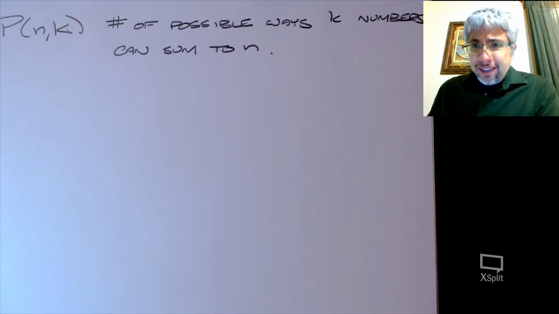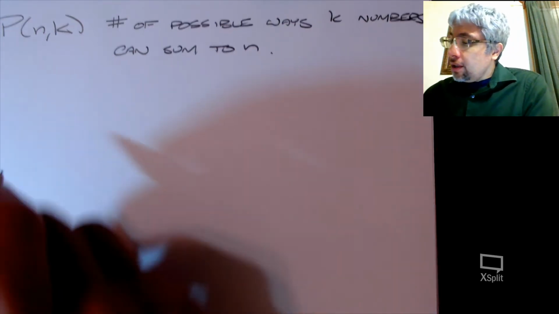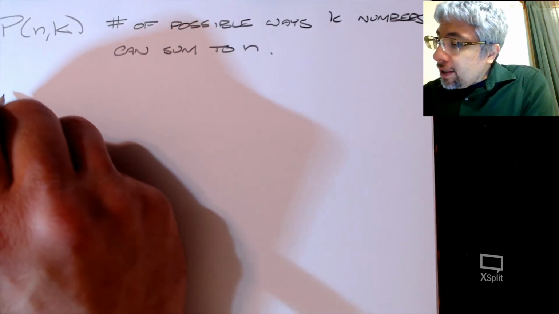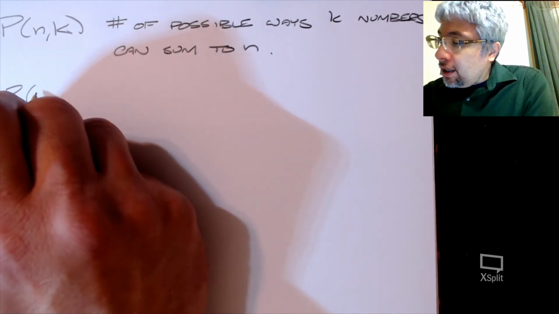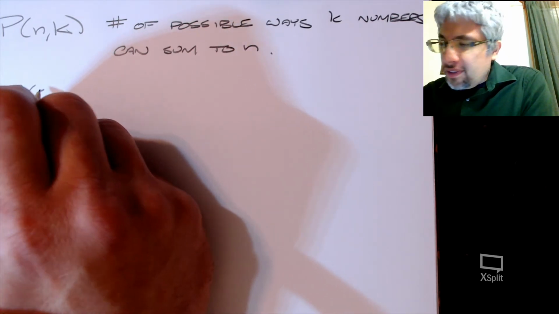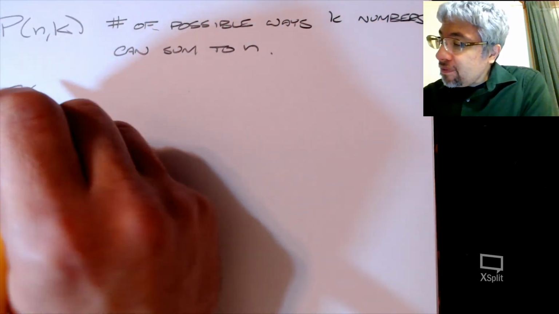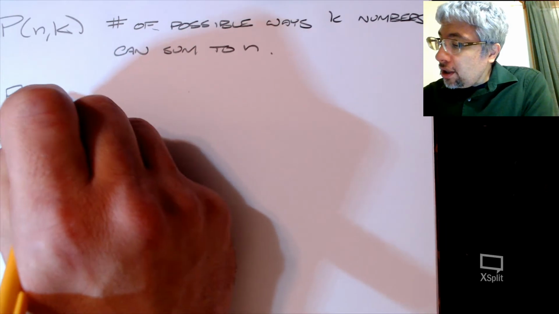So we could always list them in increasing order, or at least non-decreasing order. So, for example, let's do P(5, 2).